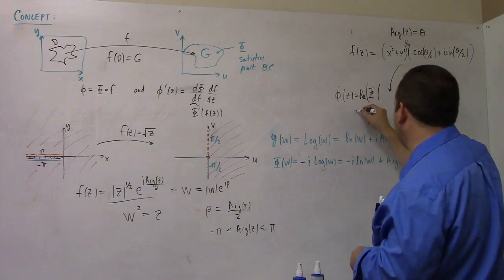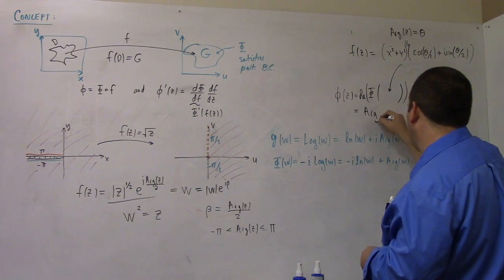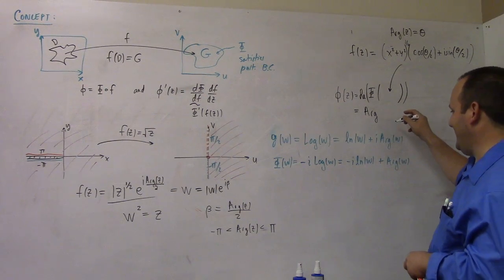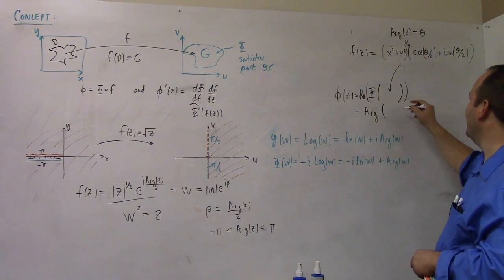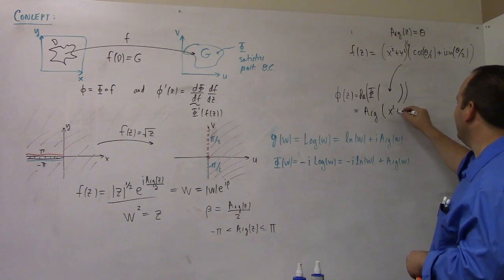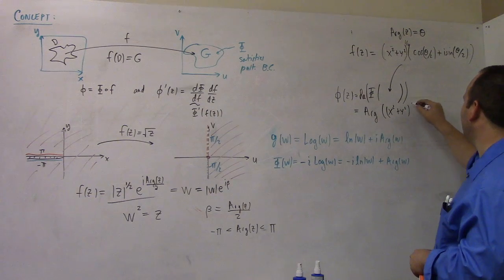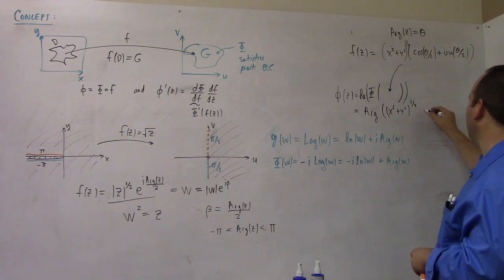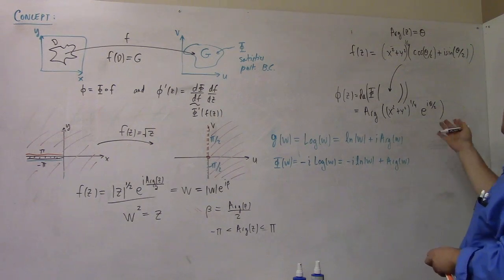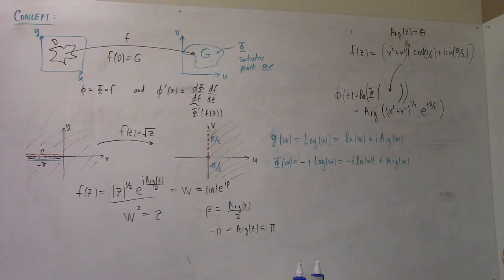So that's the argument of that. Let's calculate it. It's actually useful to write it that way, so that's actually just theta over 2.